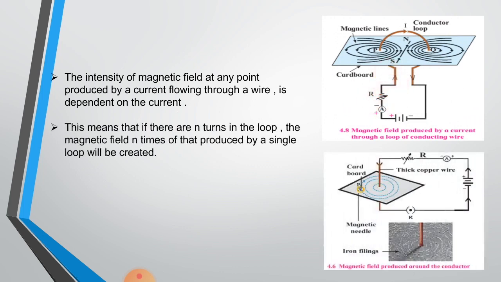This means that if there are n turns in the loop, जब यहाँ पे हम n turns लेंगे, n मतलब बहुत ज़्यादा, just imagine infinity, then the magnetic field n times that produced by a single loop will be created. जितने more turns होंगे, more magnetic field we will observe in the circuit.